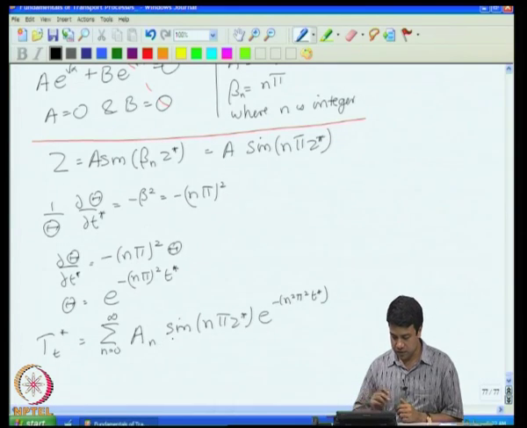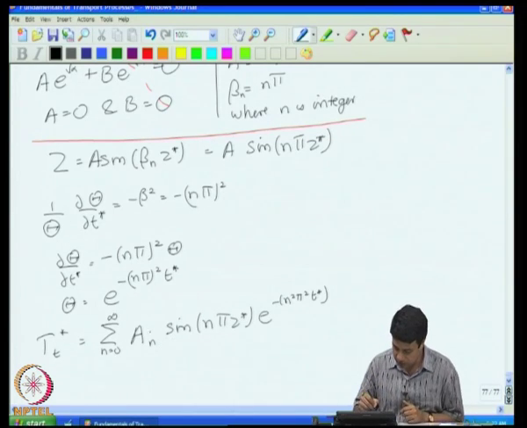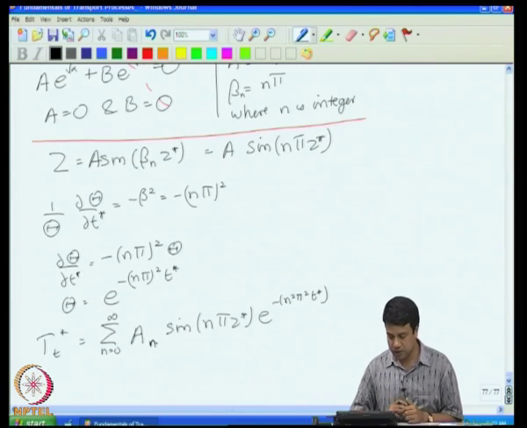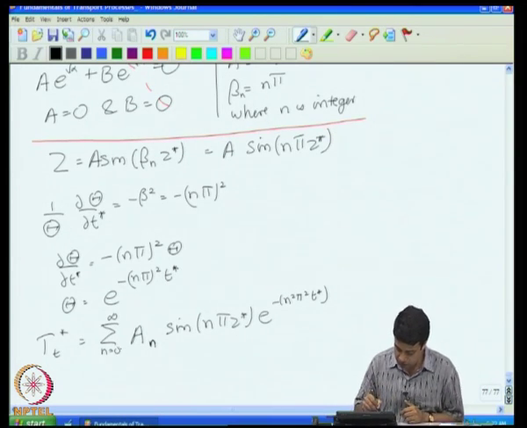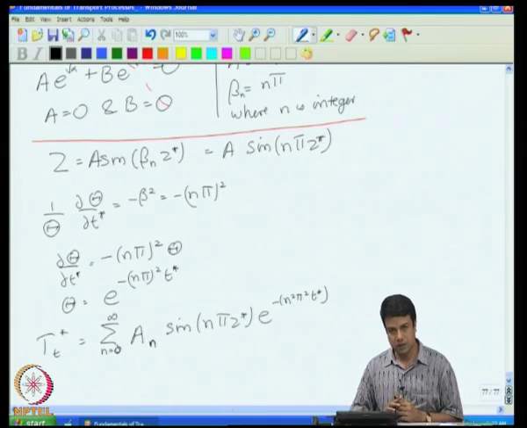So, since it satisfies it for n is equal to 1, for n is equal to 2, n is equal to 3, etc., the most general solution is the summation of all of these solutions. Now, we have to determine what the coefficients a n are. We have to find out what these coefficients are in order to find out what the final solution is.